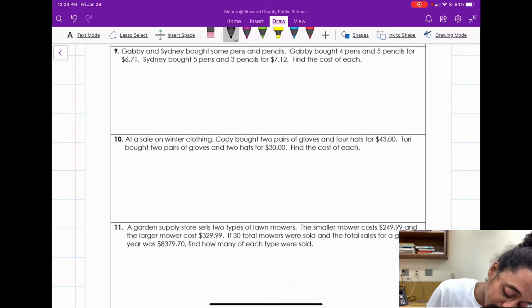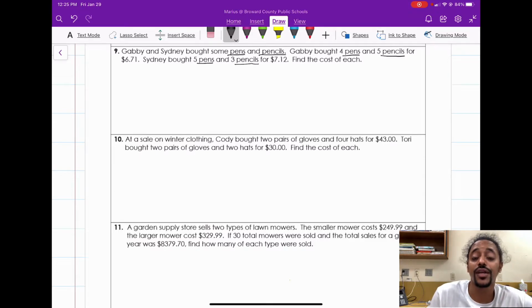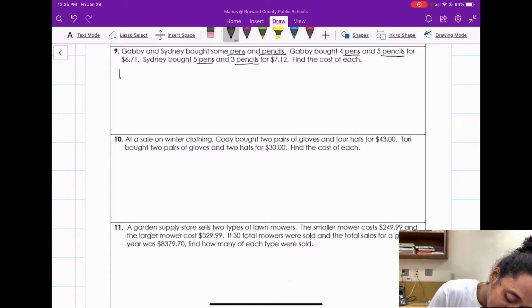All right, so step 1, like always, is to define our variables. And here we're talking about pens and pencils. So we pretty much know that our variables are going to represent pens and pencils. So let's see here.